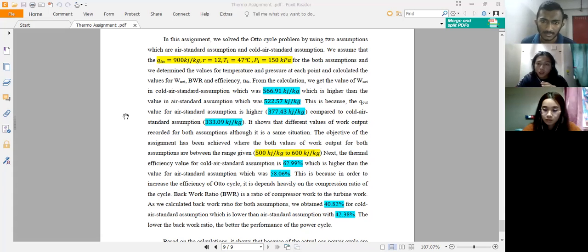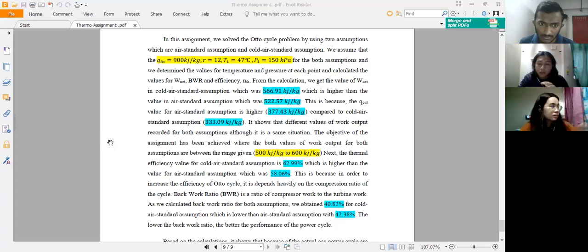So when the Q out is increased, the work net will be decreased. That's why the work net for cold air standard assumption is higher than air standard assumption. It shows that even though the final output gives a different value, it is still in the range of 500 to 600 kilojoules per kg, which means the objective for the assignment was achieved.